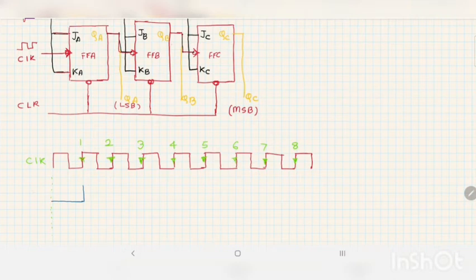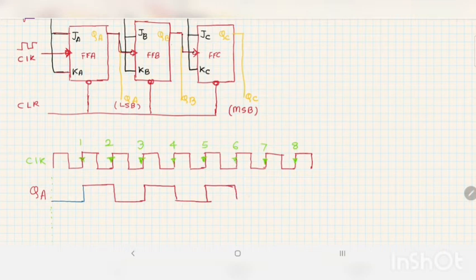Consider the output QA. During the first negative clock edge, it toggles, means from 0 it becomes 1. At the next clock signal it again becomes 0, and so on with each next clock signal.